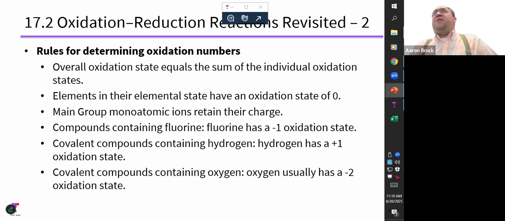Doesn't matter if they are atomic samples like helium or individual atoms of carbon, or if they're in more complex molecular forms like P4 for phosphorus, or I2 for iodine, or even C60 for a particular form of carbon. If they're in an elemental state, their oxidation number is 0. If they're individual monatomic ions, then their charge is their oxidation state.